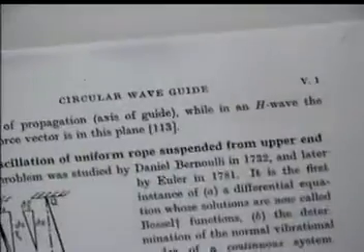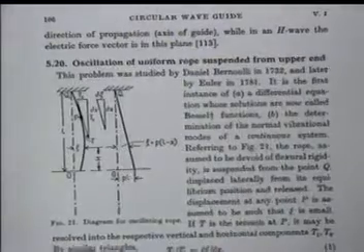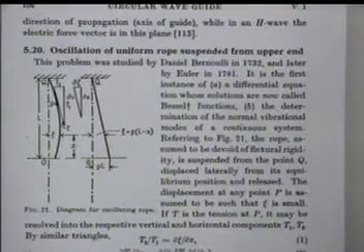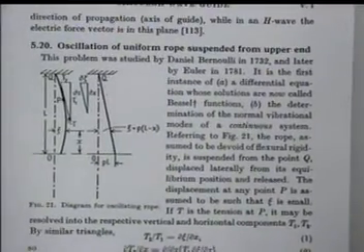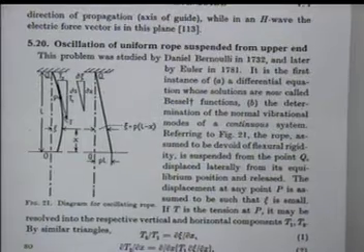All right, now I'm going to try a little bit of an application, which I didn't get all the way through, but most of the way. Good old Bernoulli was playing around with an oscillating uniform rope hanging from a vertical point.